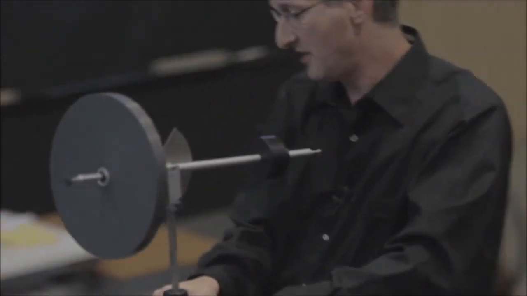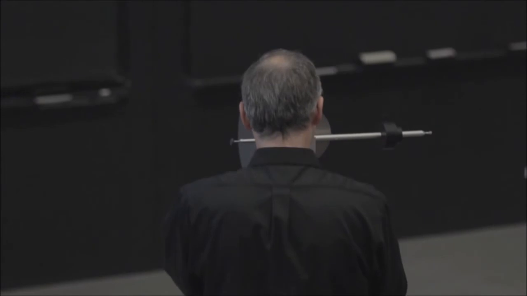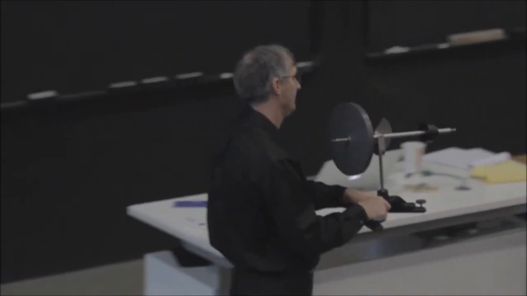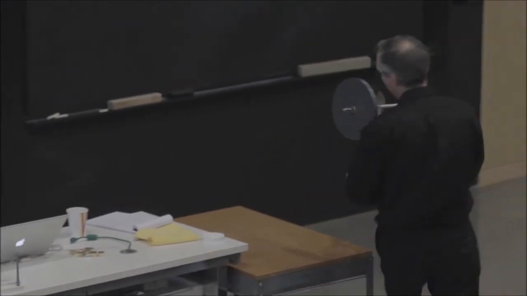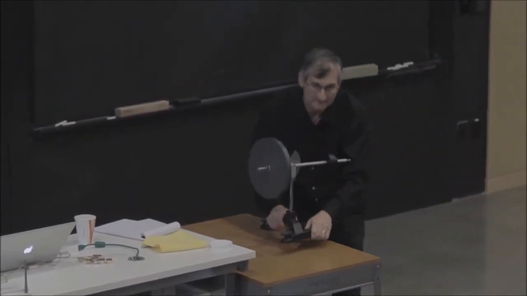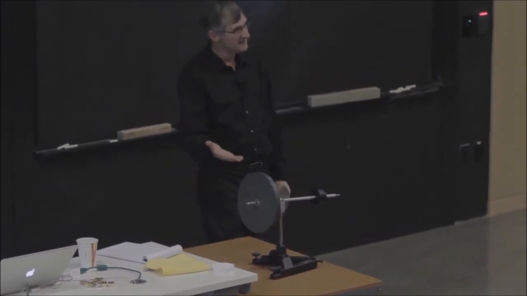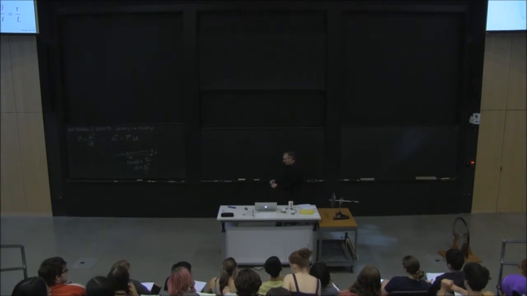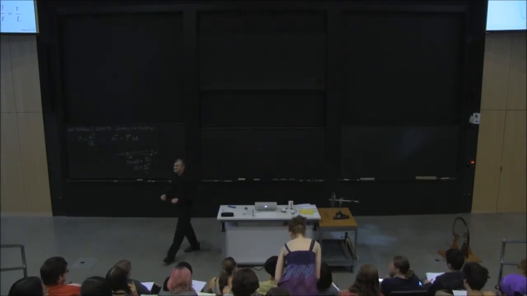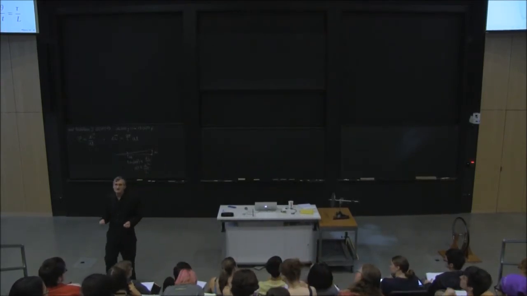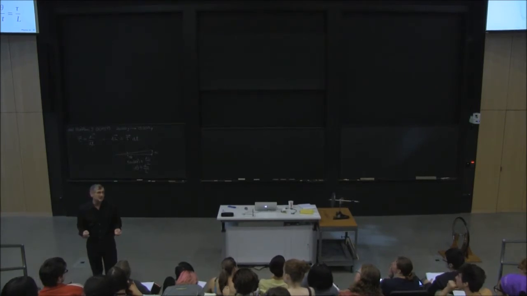So as I walk around, what's happening to the direction of the gyroscope? What did you notice? So if I eliminate that torque, the gyroscope basically wants to point in the same direction.